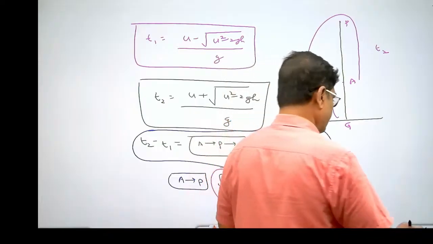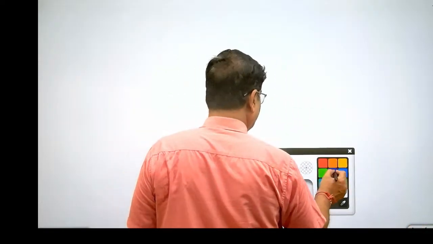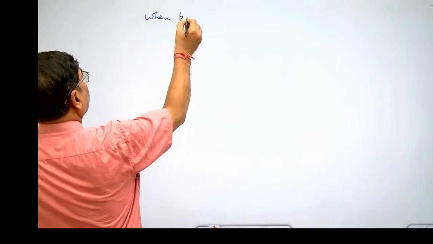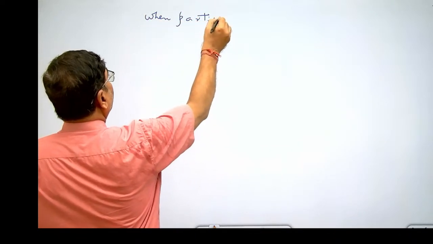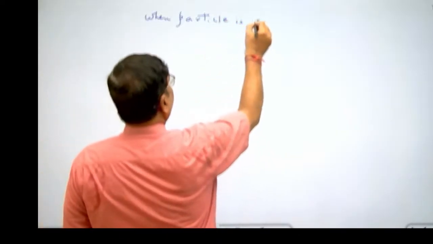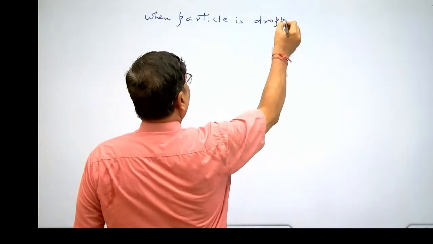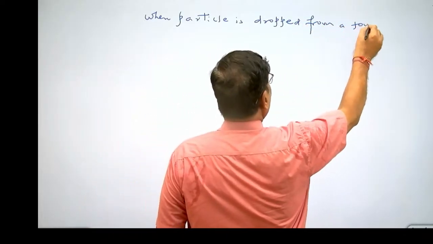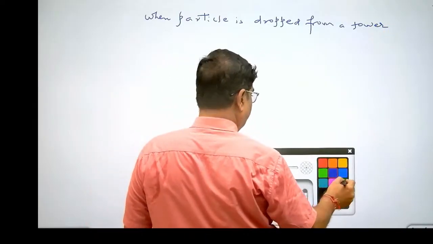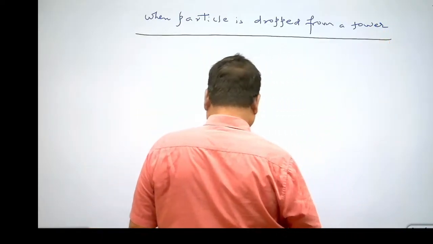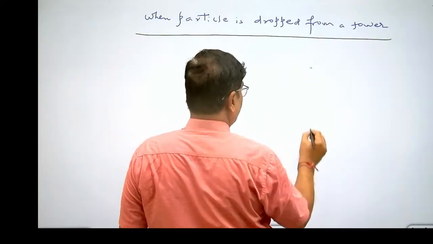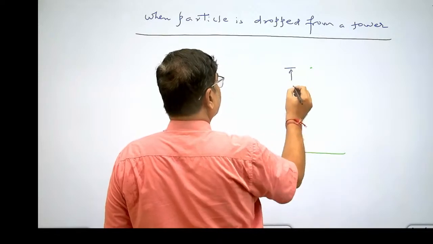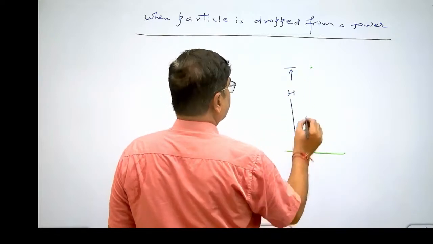When a particle is dropped from a tower, dear student, let us see, the particle is dropped from height capital H. And this is ground.